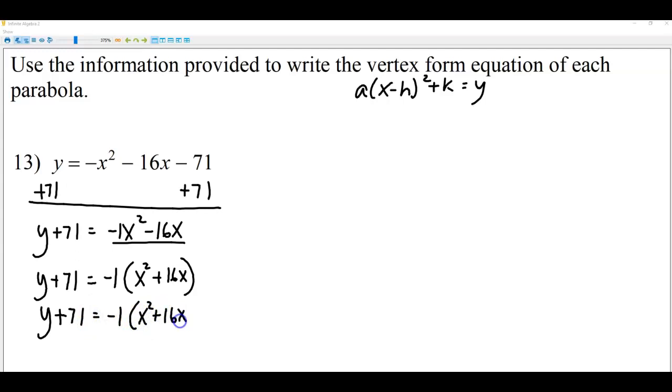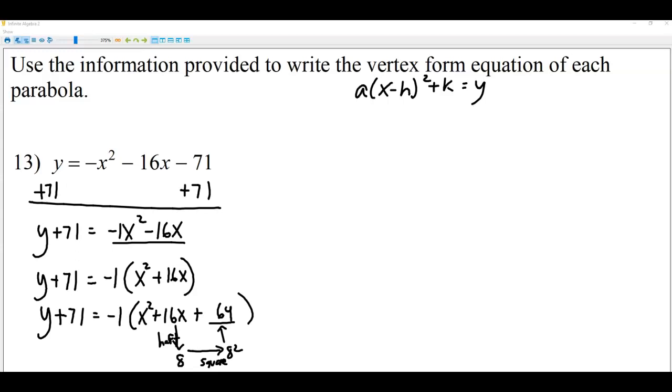We're going to create a new number. And that new number comes about in a two-step process. First of all, you take half of the middle number, which is 8, and then you're going to square it. 8 to the second power is 64. That's called completing the square.